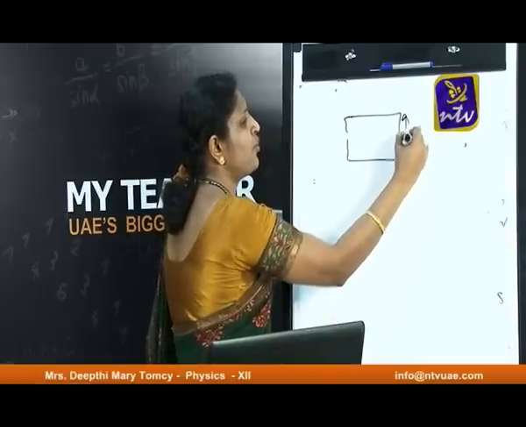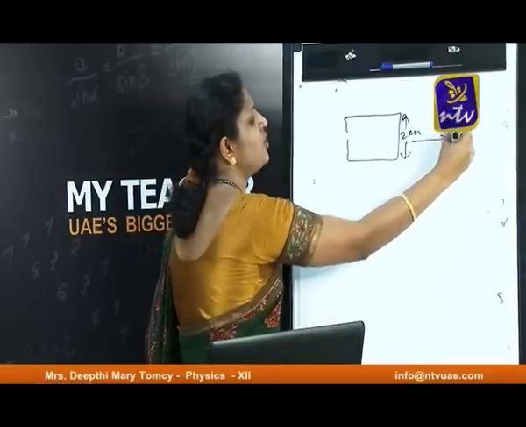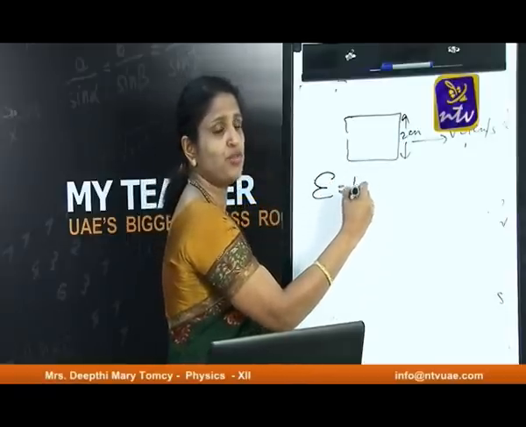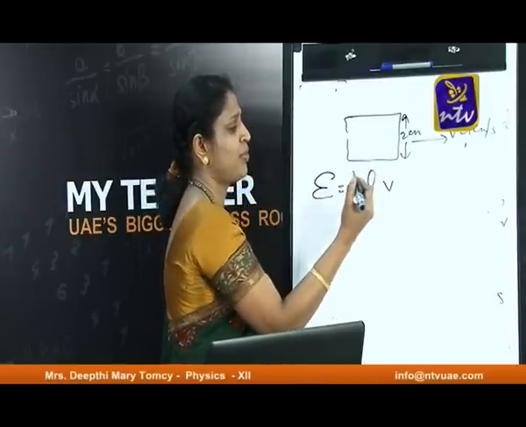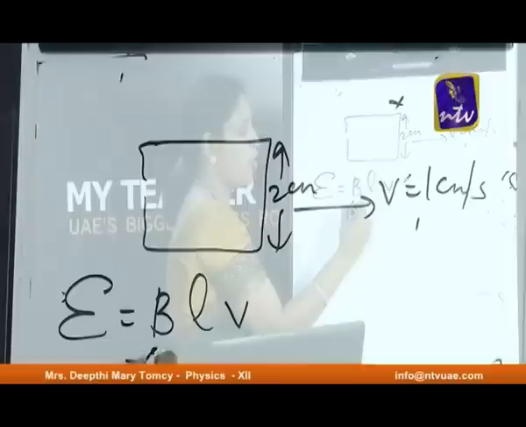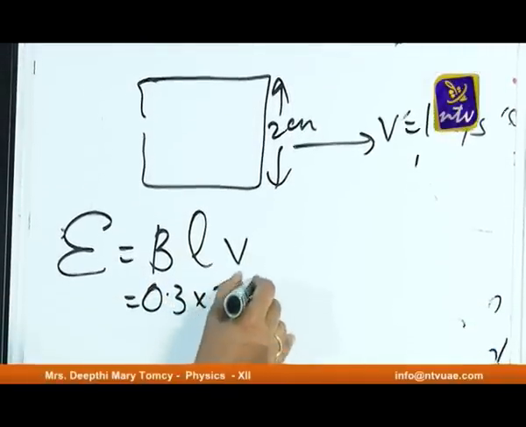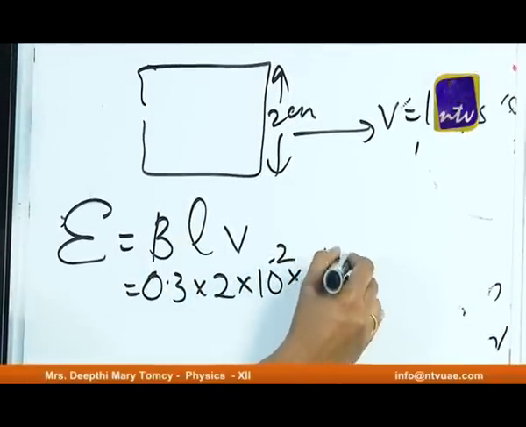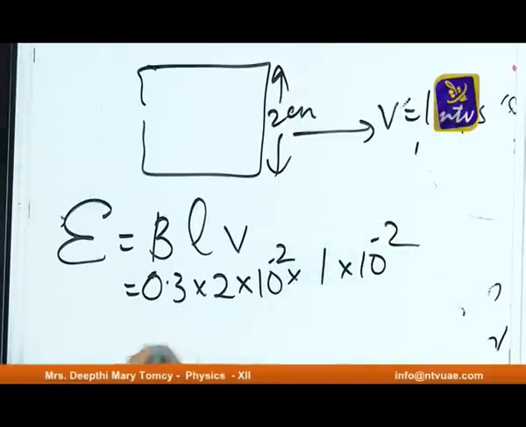The 2 centimeter side is moved with the same velocity, 1 centimeter per second. In this case the EMF induced will again be equal to BLV, where B is 0.3 Tesla, the length is 2 into 10 raised to minus 2, and the velocity is 1 centimeter per second, that is 1 into 10 raised to minus 2.